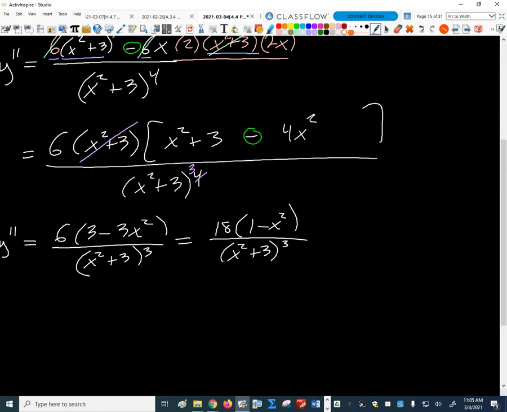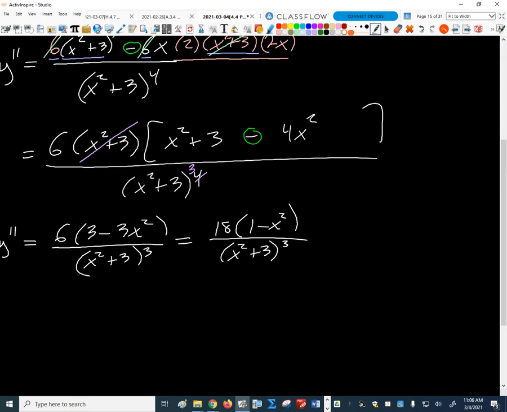Okay, so do I have any values of x where the second derivative is undefined? Not that we care so much about that, but are there any? Thumbs up, thumbs down. Is the second derivative undefined anywhere? No, it's not. Good.